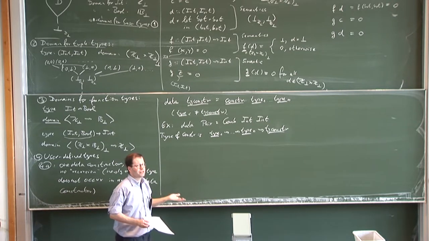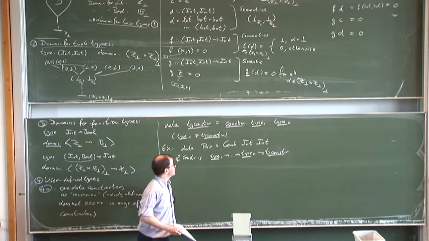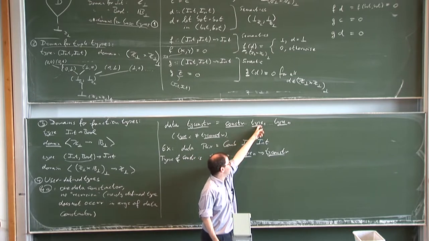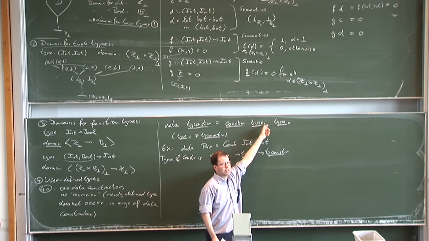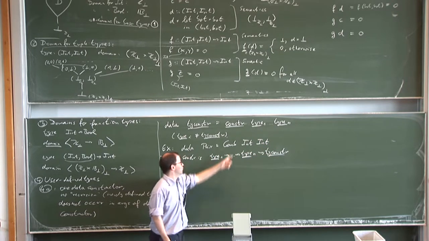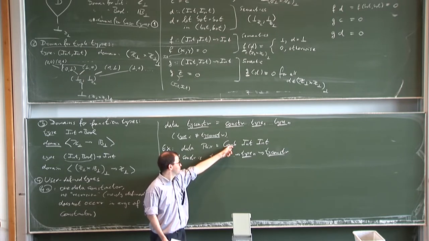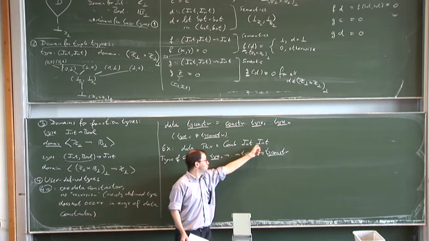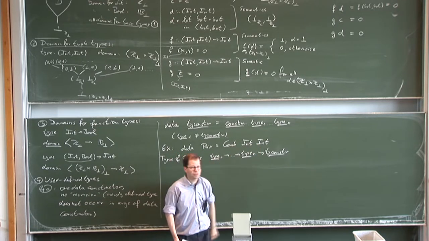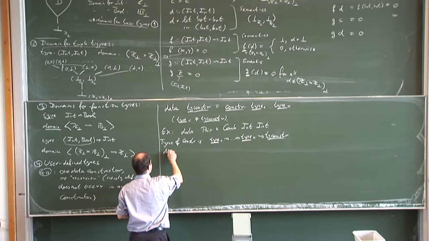Well, it should be something very similar to tuples. I mean, basically, this data type is almost the same as the tuple data type, where you have tuples of type 1, where the first component is of type 1, the second one is of type 2, and the last one is of type n. The only difference is that you write a comp in front of it. Apart from this, this is the same as tuples. These, in fact, are tuples of two integers, but you write a comp in front of it. So it's not the same as tuples, but almost the same.